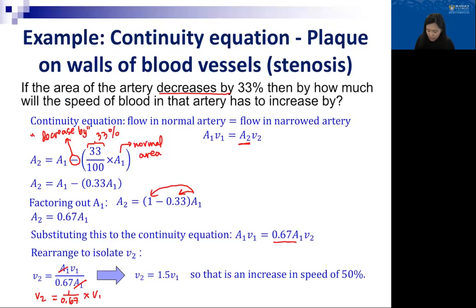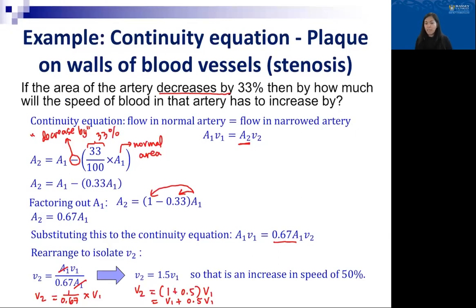Right? Notice that you can also write 1.5 as 1 plus 0.5 times V1. So you have V1 plus half of V1. If you do the distributive law, you have V1 plus half of V1, right?